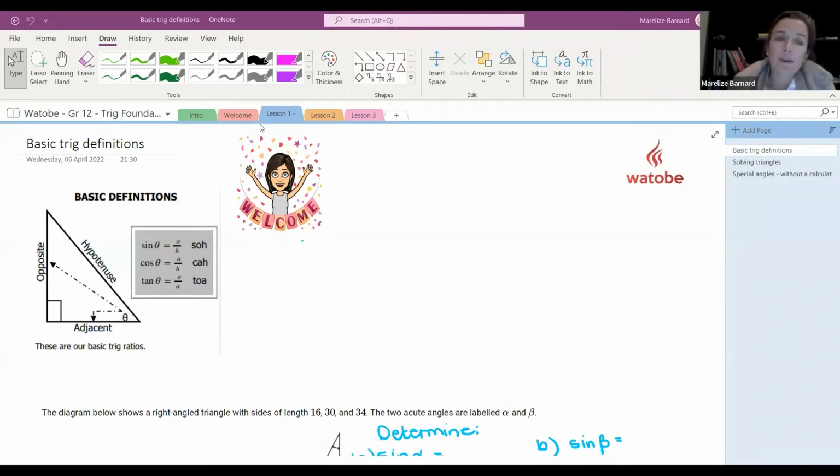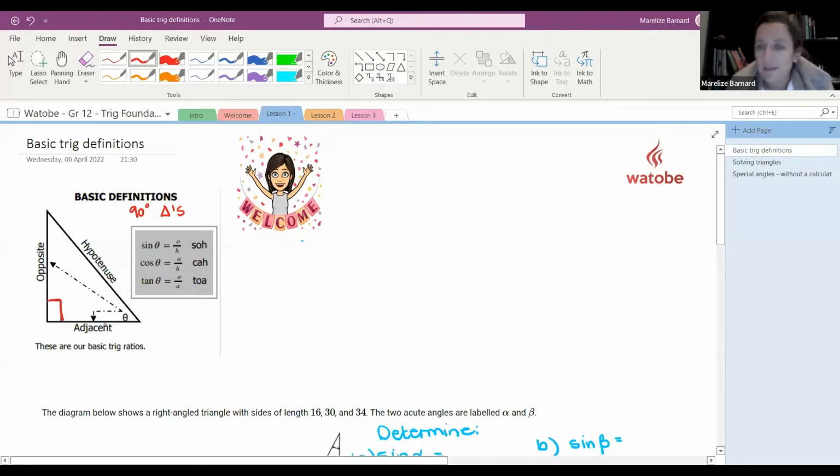And remember, when we do trigonometry like this, we're always working in a 90-degree triangle. For now, there are other times when we will be working in non-90-degree triangles. But when we start off with the trigonometry that we're going to be doing today, we are always working in a 90-degree triangle. So that's the first thing we need to realize. 90-degree triangles is what we are looking at.